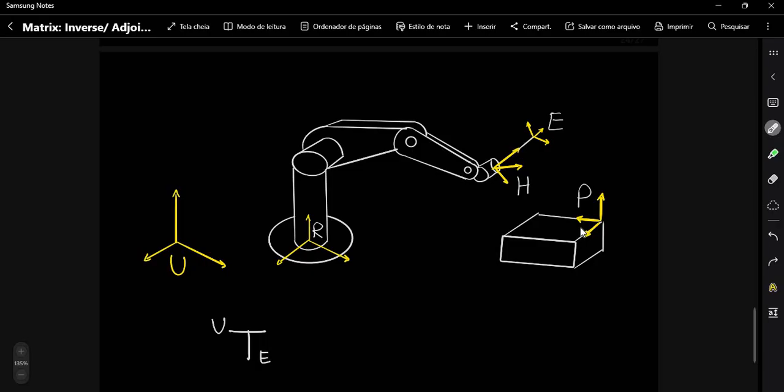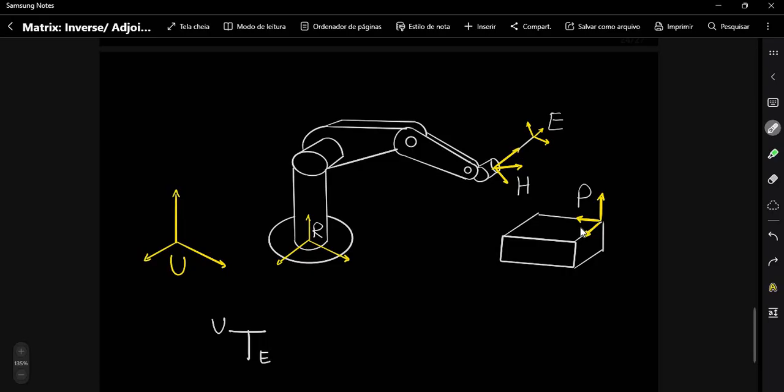So where this end effector is going to be at the end of the task, we need to write this transformation with coordinates.